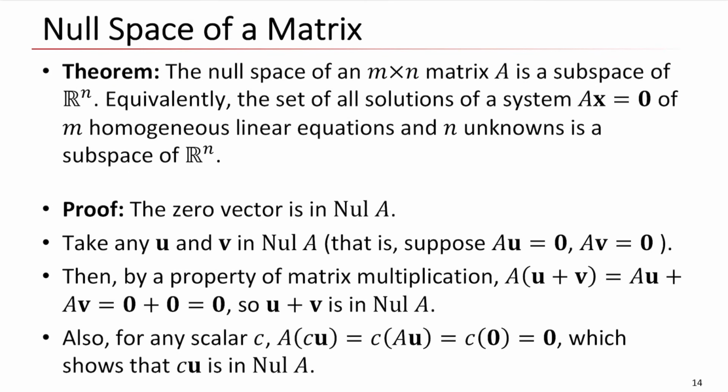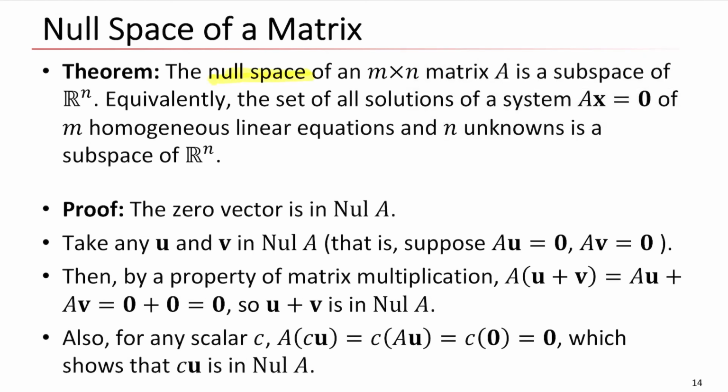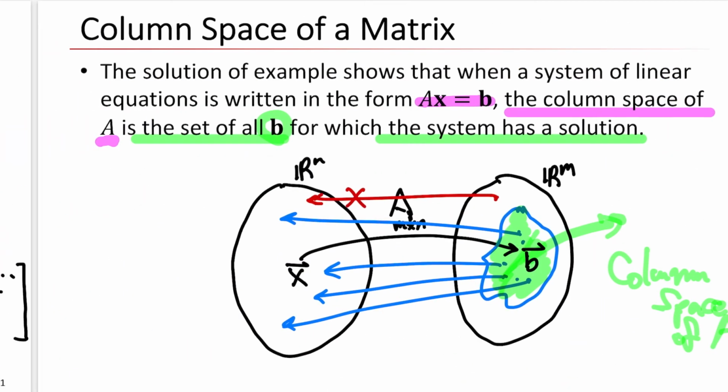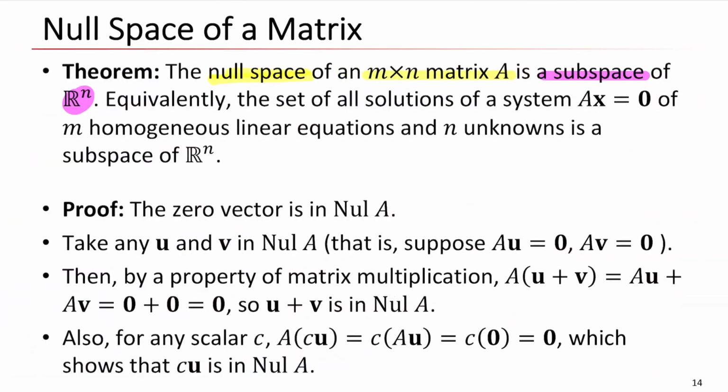Okay, then the null space of the m by n matrix is a subspace of the R^n space. Actually, the column space was a subspace, right? Interestingly, the null space of matrix A is also a subspace.